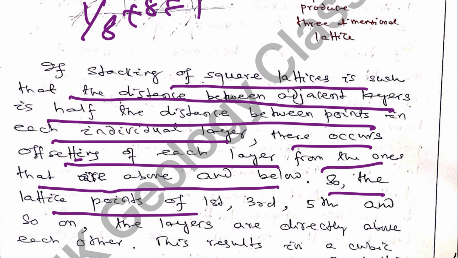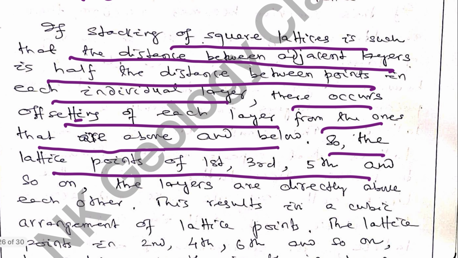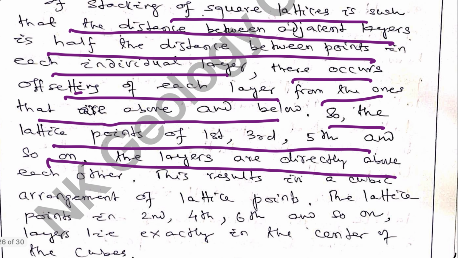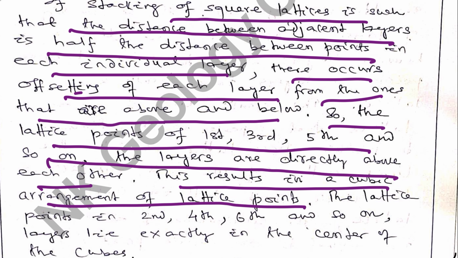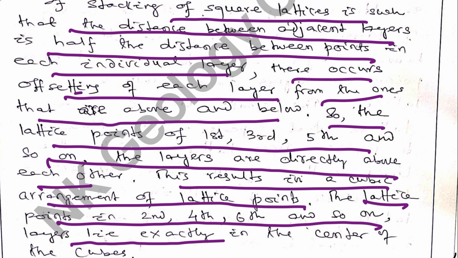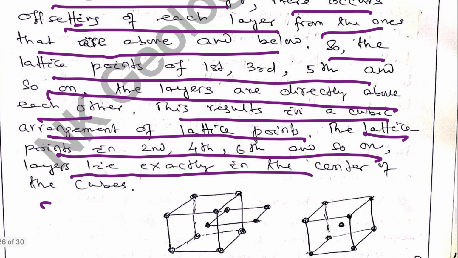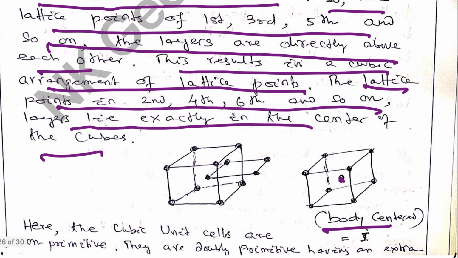So, the lattice points of the first, third, fifth and so on layers are directly above each other. This results in a cubic arrangement of lattice points. The lattice points in the second, fourth, sixth and so on layers lie exactly in the center of the cube. This gives rise to the body centered cubic lattice, which is called I.